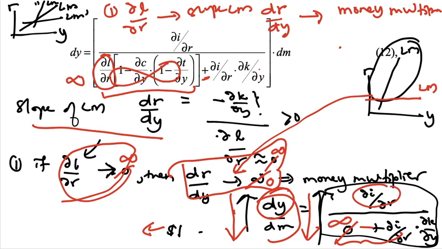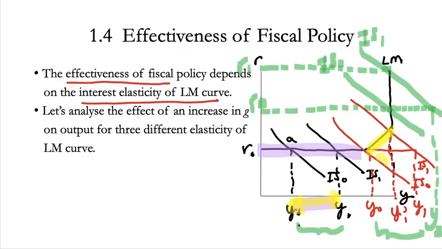Okay, so let's recall the fiscal policy. Fiscal policy here, the effectiveness of fiscal policy also depends on the interest elasticity of the LM curve itself, which is delta L over delta R. Okay, so you try.